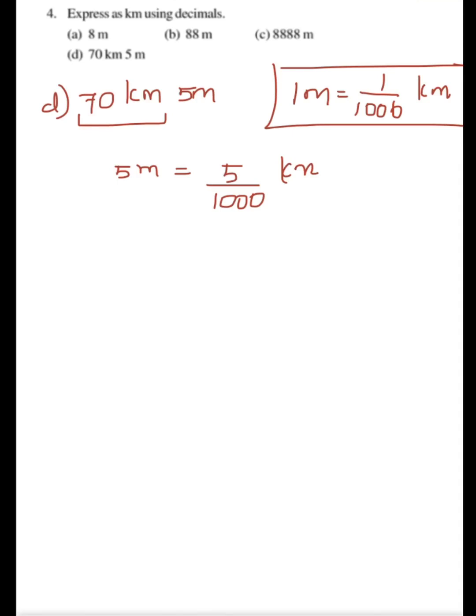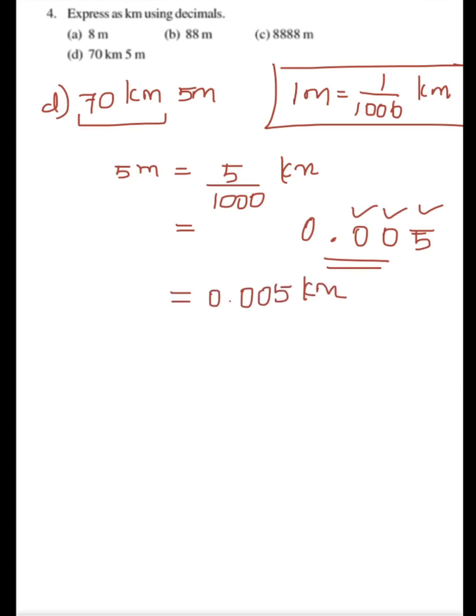So what is actually 5 by 1000? 5 by 1000 means after the decimal point 3 numbers. So 1, 2, 3. Here you can put the decimal point. So 0, 0, 0. So our answer will be 0.005 kilometer.